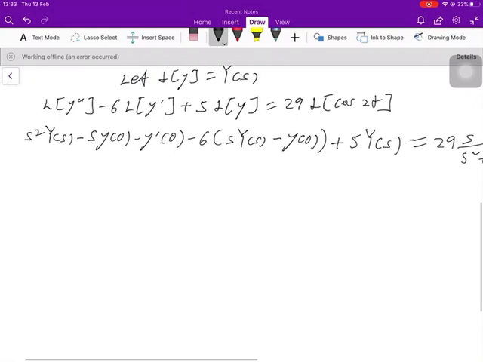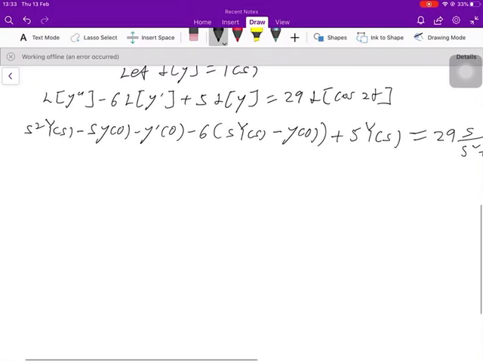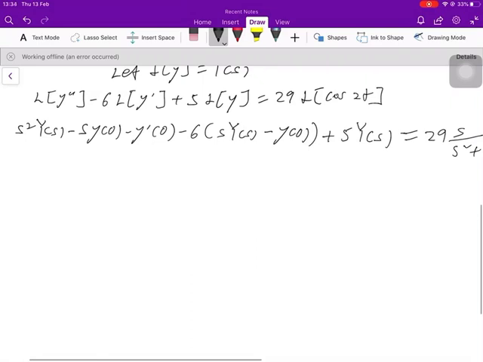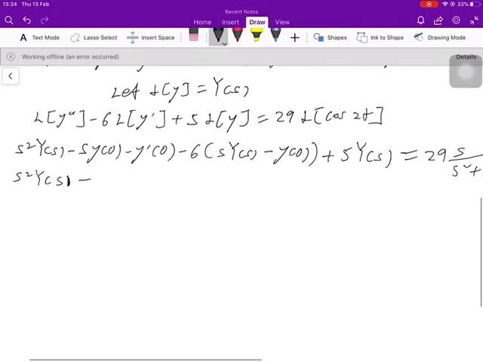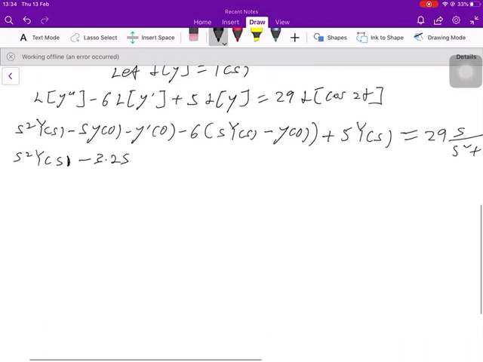Now for the left hand side of the Laplace transform, we are going to substitute the initial conditions and solve this. Here we have y of 0, which is equal to 3.2, so we have 3.2s, and minus y prime, which is 6.2.